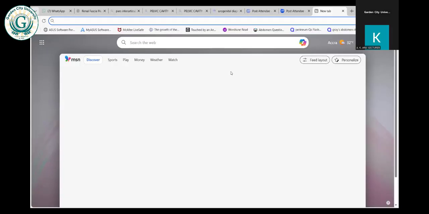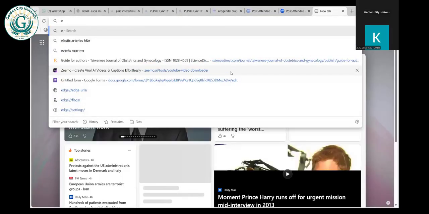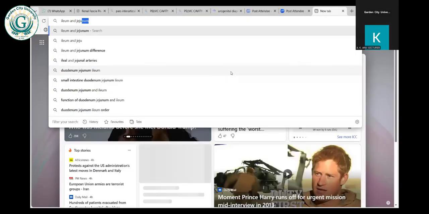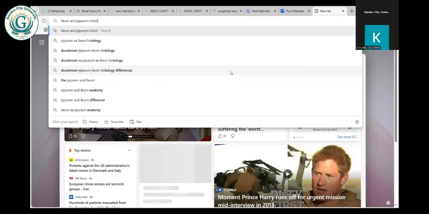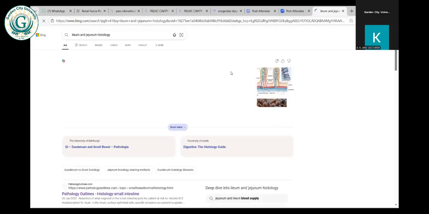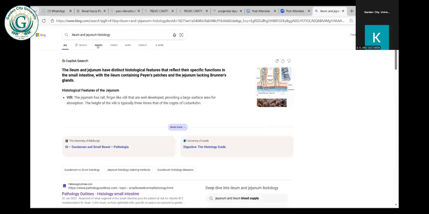Then I'll also talk about the functions of these Peyer's patches. The ileum and jejunum. I decided to remove all the histology slides, so don't worry.